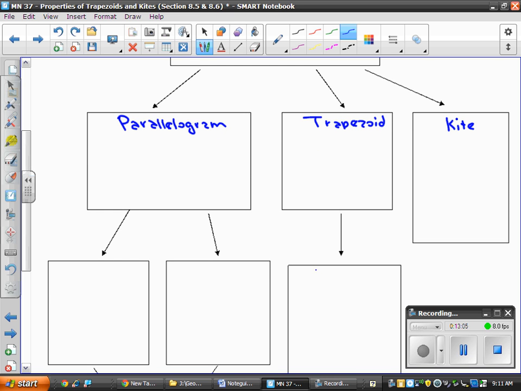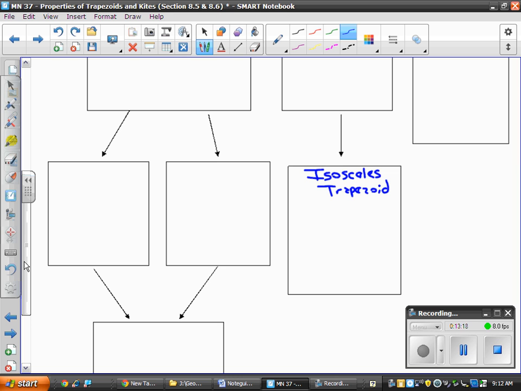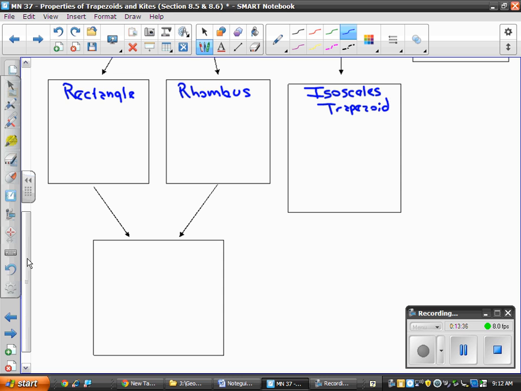The only thing we have here is an isosceles trapezoid. And here we have, as a subcategory of the parallelogram family, a rectangle and the rhombus. And of course, both of them got together and created the golden child, which is the square.